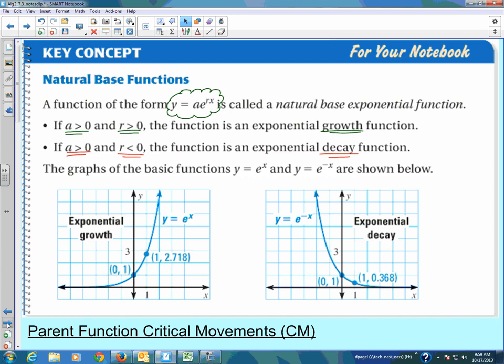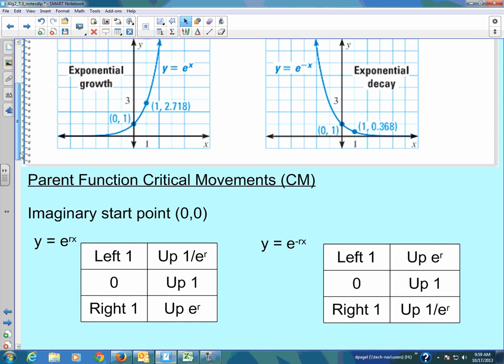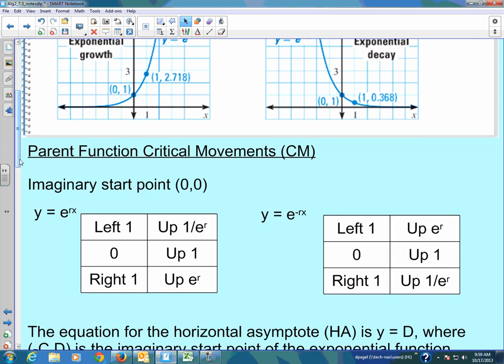And in terms of their critical movements, parent function-wise, we're talking about a parent function of y equals a e to the rx. It has the same parent functions as y equals a b to the x, and a b to the negative x. So here are our critical movements for our two parent functions.